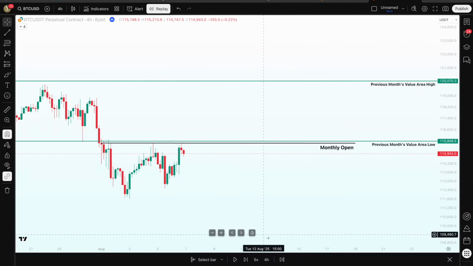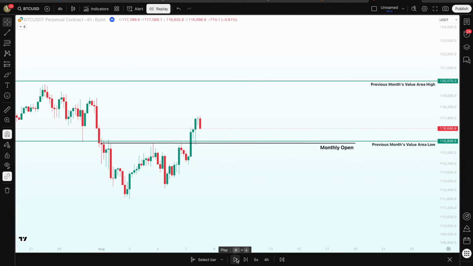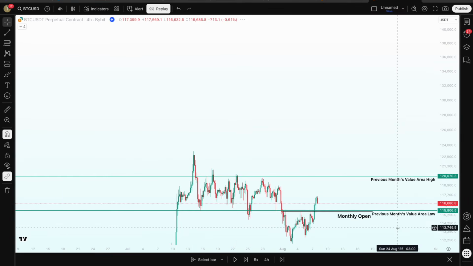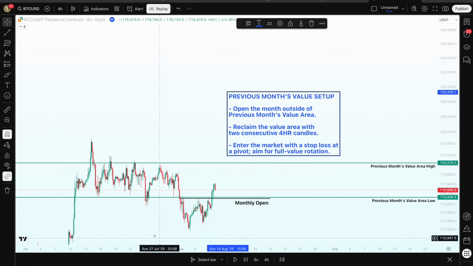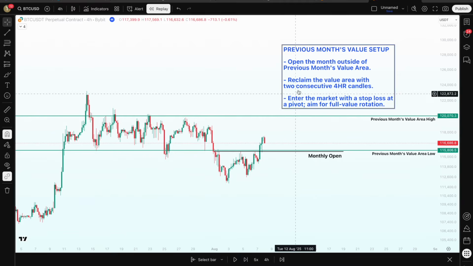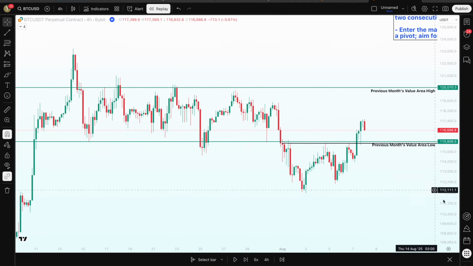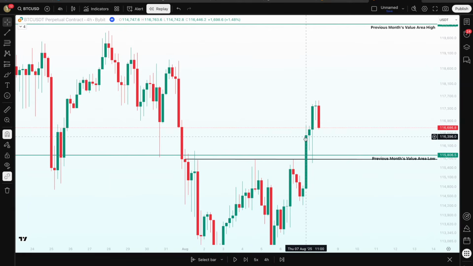But the setup comes in when we finish 2 consecutive 4-hour candles above the previous month's value area, right? So I'm going to get this one back to action because it's too far away. So: reclaim the value area with 2 consecutive 4-hour candles. What do we have here? We have the first 4-hour candle close right here and the second 4-hour candle close right here.